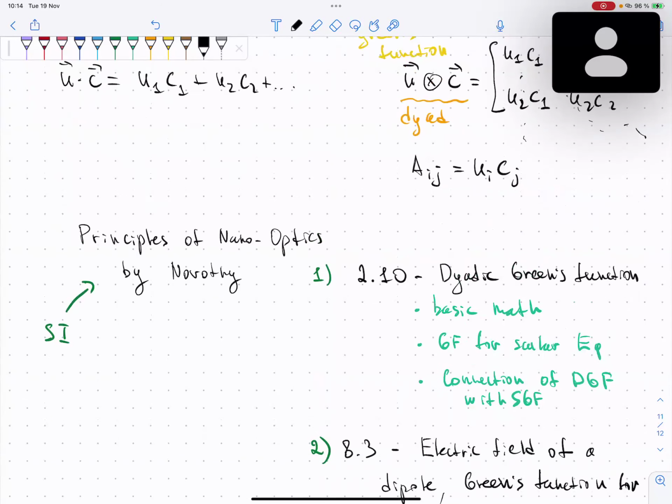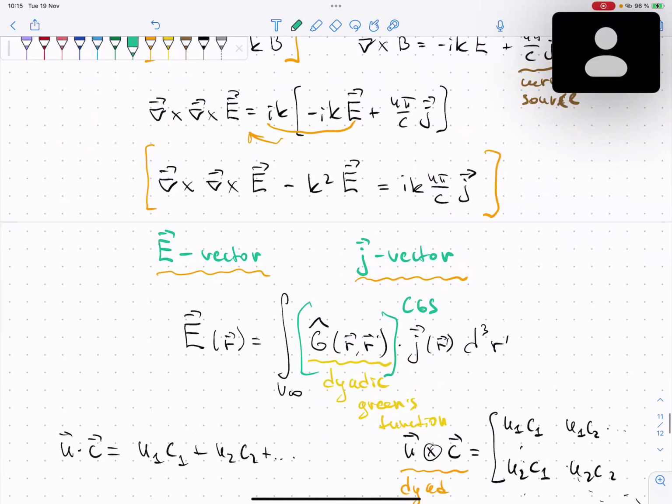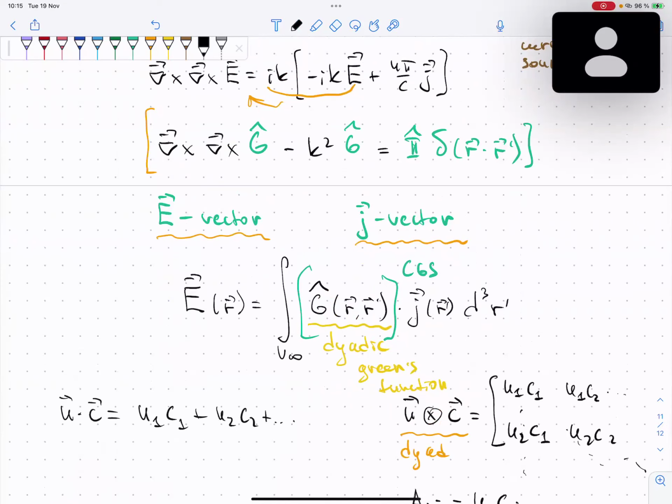But returning to the original question, we have this dyadic Green function, which is the solution of the following equation. Because for the dipole, we have something like this: the dipole moment multiplied by the delta function.